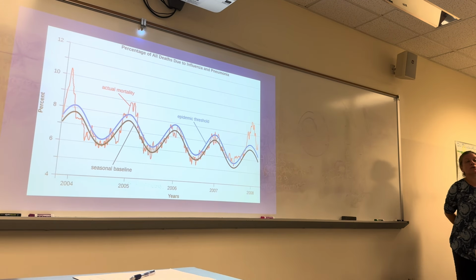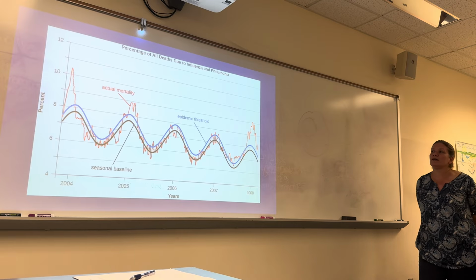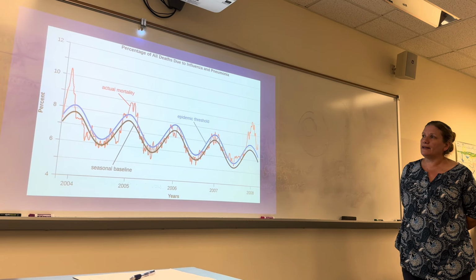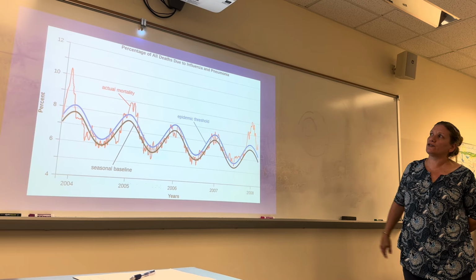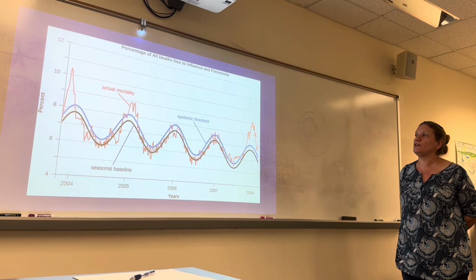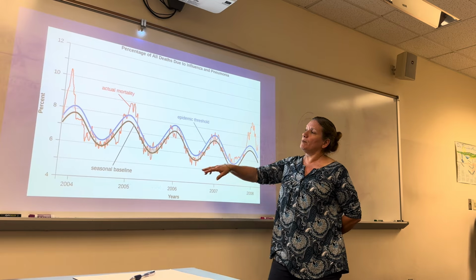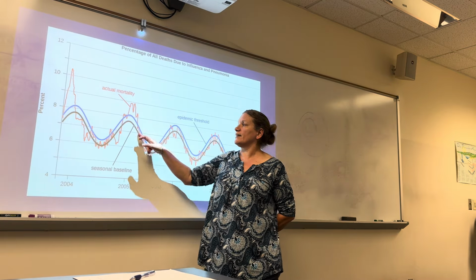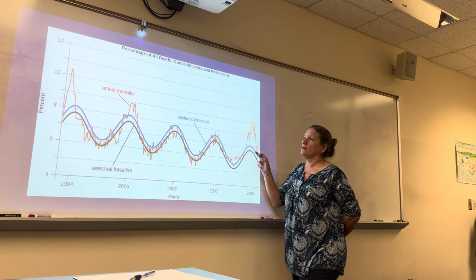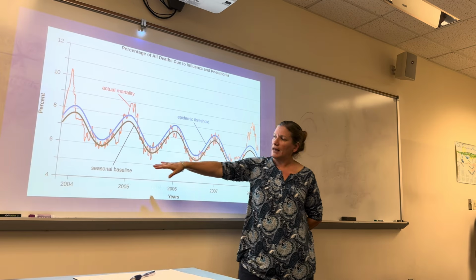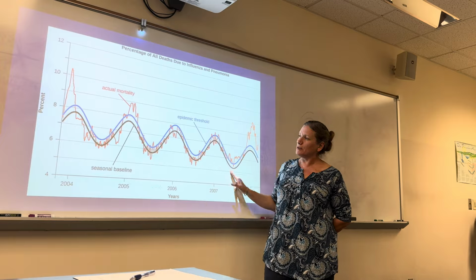Now, this table, also from your text, is one in which we have a disease state. In this case, they're talking about deaths due to influenza and pneumonia. In black is the expected.